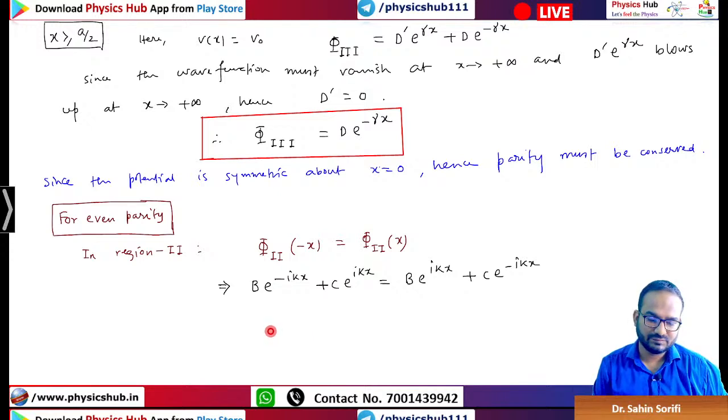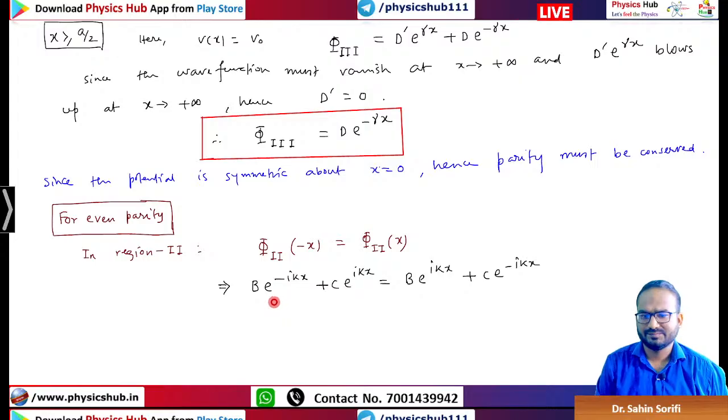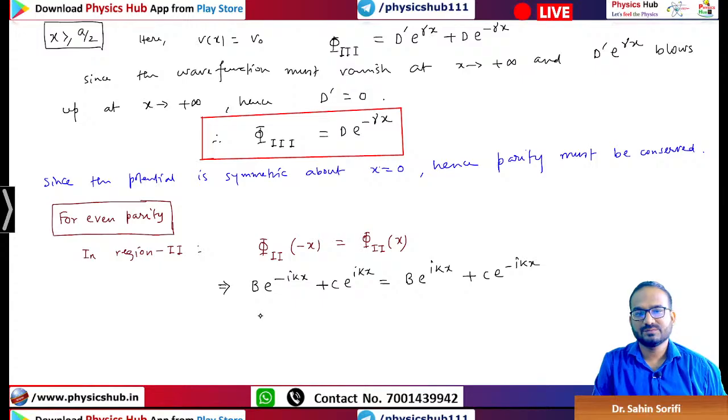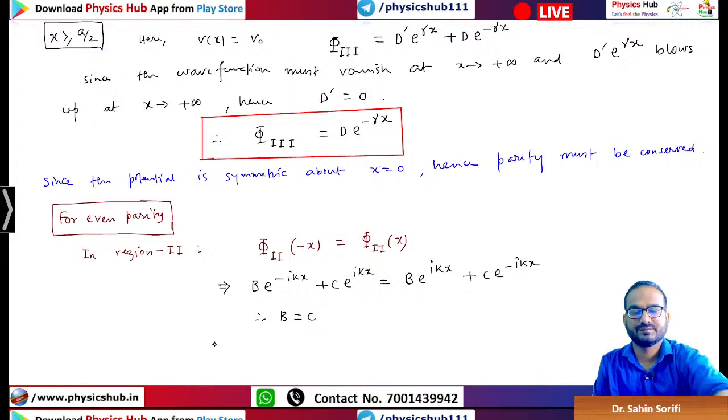Can you write region 2 function trigonometrically? Here, instead of writing trigonometrically, the exponential form will be suitable for us. Obviously it can be expressed in terms of sine and cos, no issue in that, but keeping the exponential will be suitable for us. So this is possible only when B is equal to C.